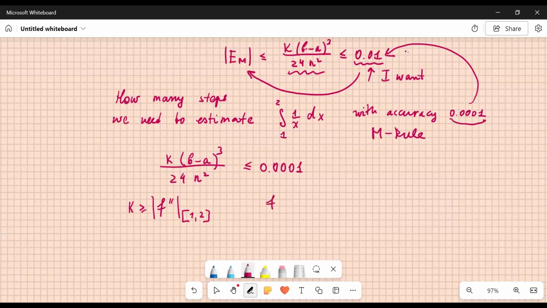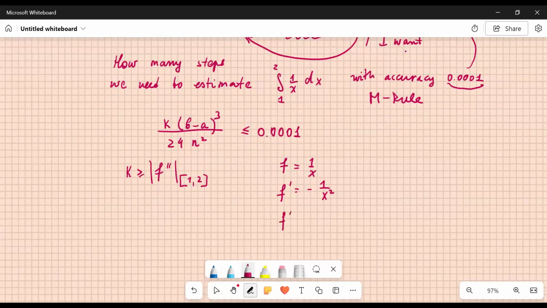So I'm going to calculate the first derivative. Well, let's write down the function first, because usually people have a problem with what is the function and what is the derivative. Function is 1 over x. The first derivative is negative 1 over x squared, right? What is going to be the second derivative? The second derivative is going to be minus 2 over x cubed, with another minus, so we are going to have 2 over x cubed.